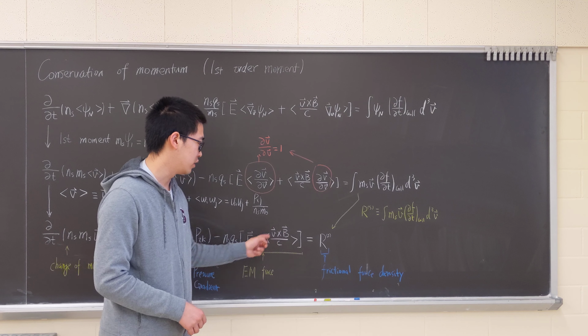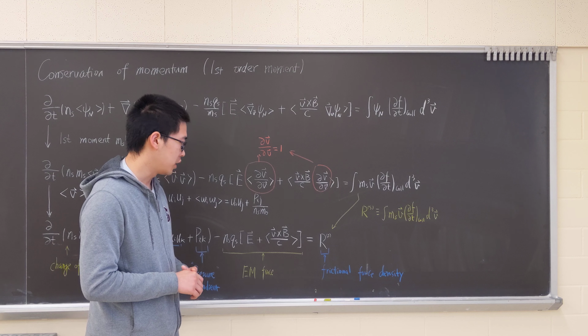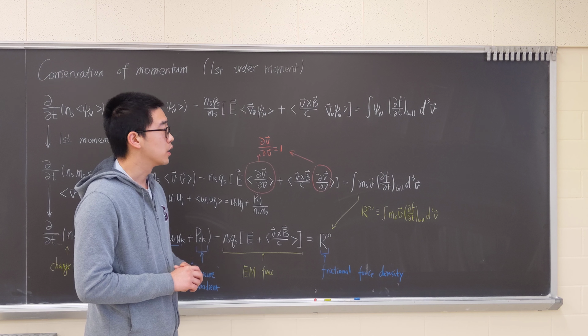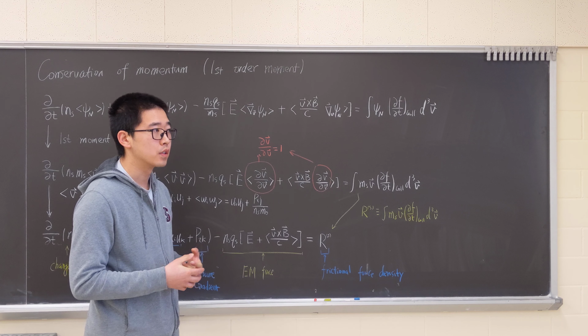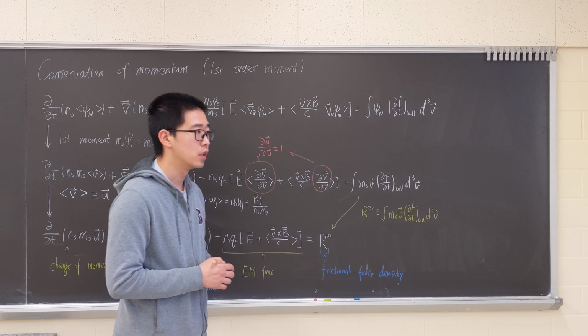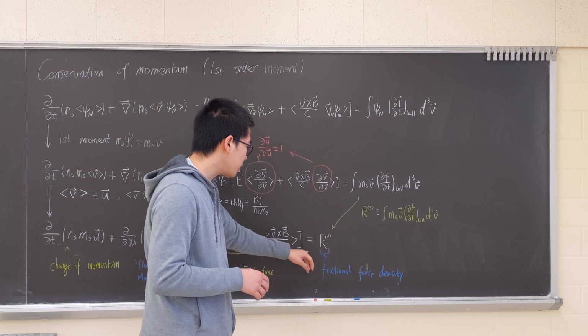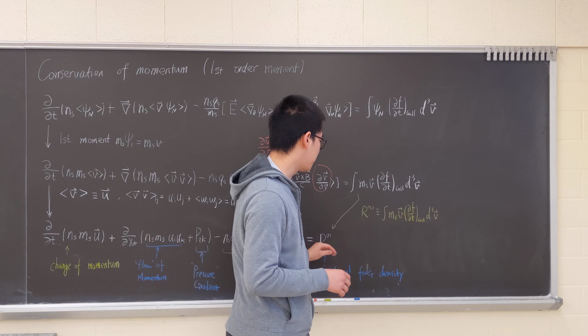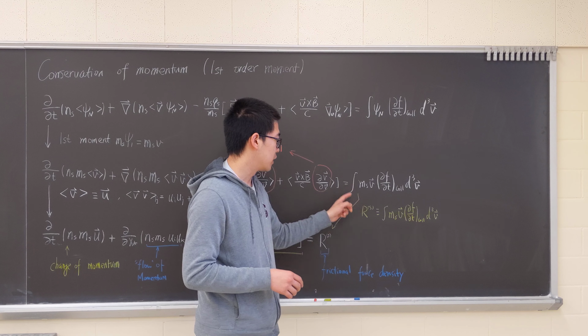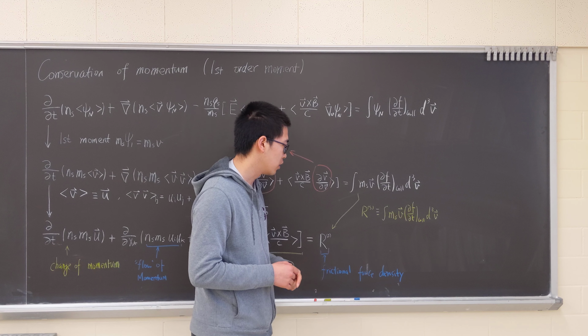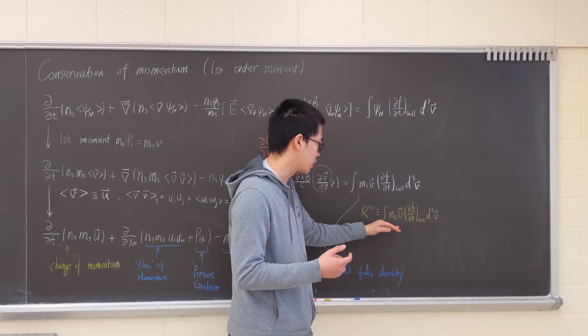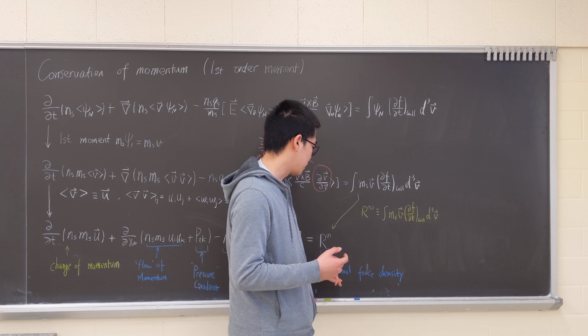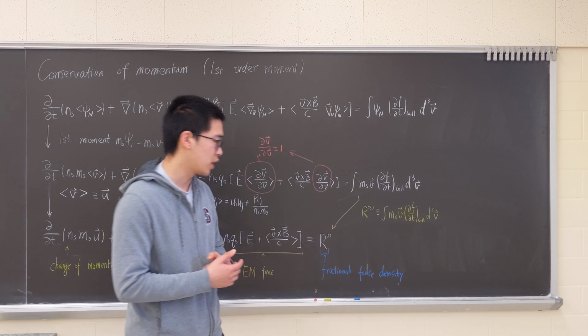And this is the average of v cross B, as you can see, as an average over the density, the distribution. And this whole quantity we just define as R_s. S stands for species, of course. So this is a frictional force density.